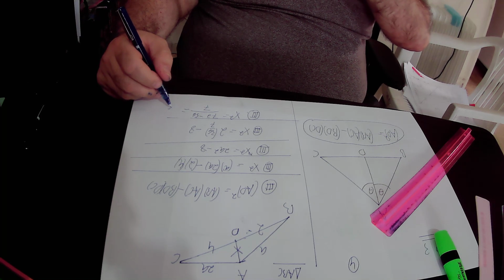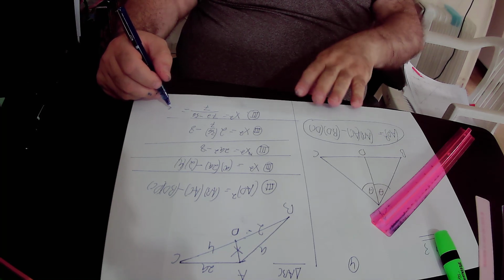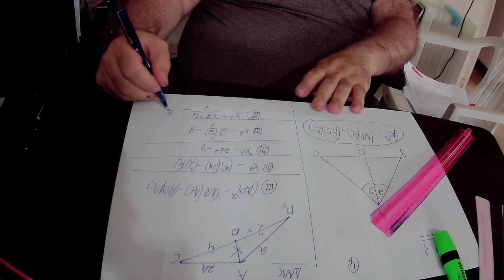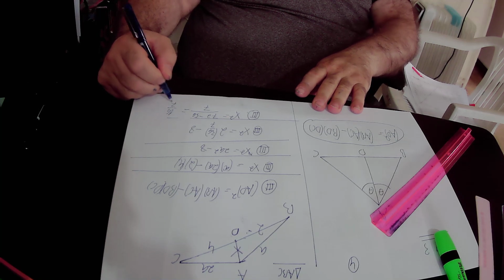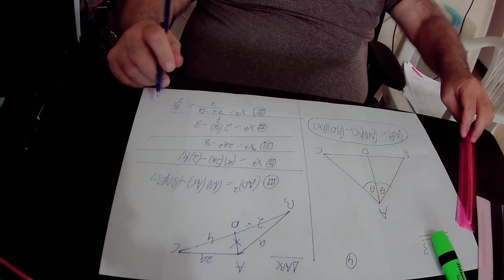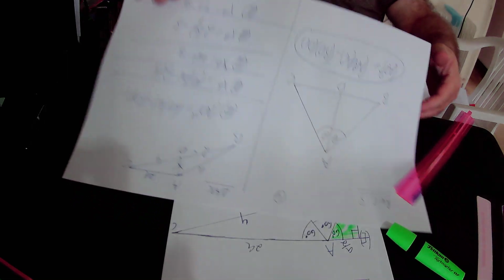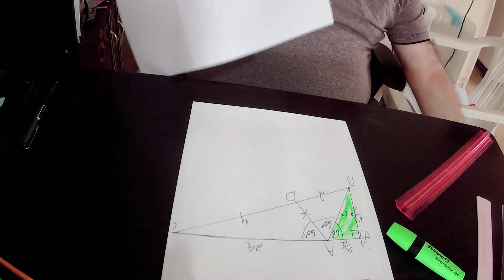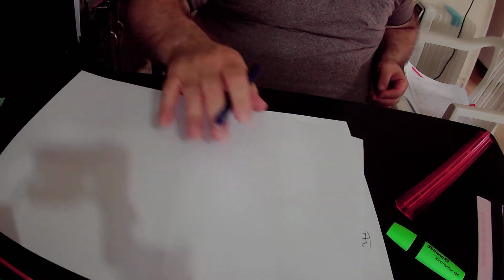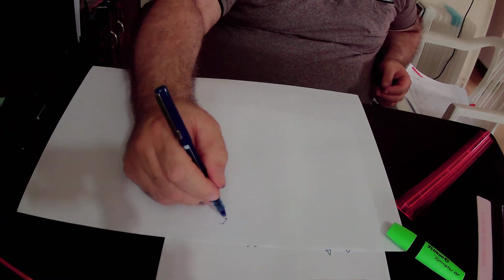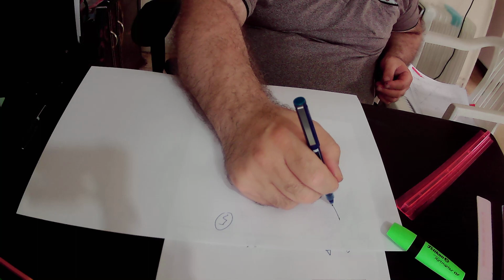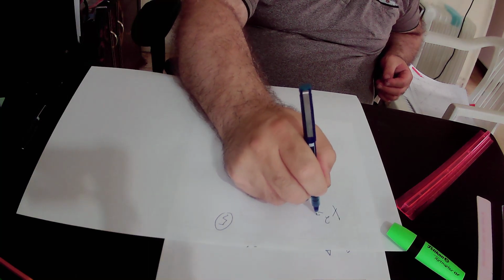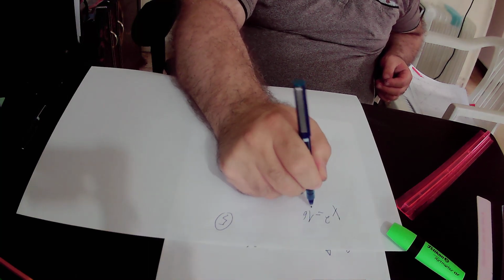72 minus 56 is 16 over 7. So we found out that, according to equation number 3, x squared equals 16 over 7.